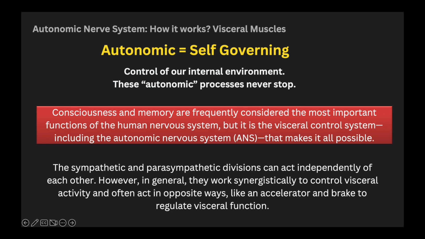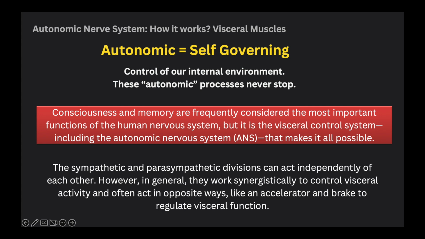Now, there are two divisions of this autonomic nervous system. One is the sympathetic system, other one is called the parasympathetic. They act independently of each other. But it's not that, as we usually think, they are different situations when sympathetic or parasympathetic will work.